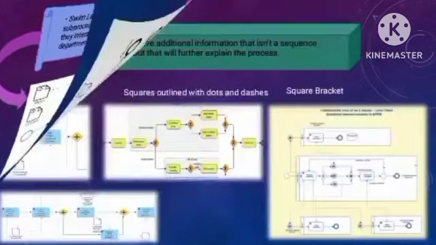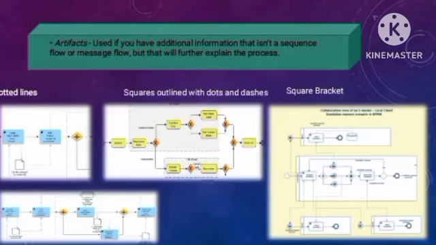The next one, we have artifacts. It is used if you have additional information that isn't a sequence flow or message flow, but that will further explain the process. So for example, we have here the dotted lines, the squares outlined with dots and dashes, and the square bracket.